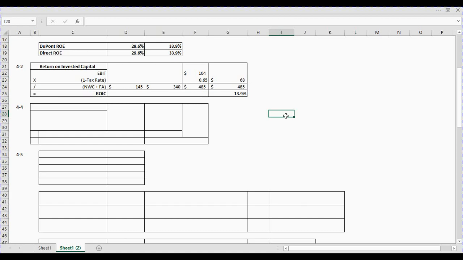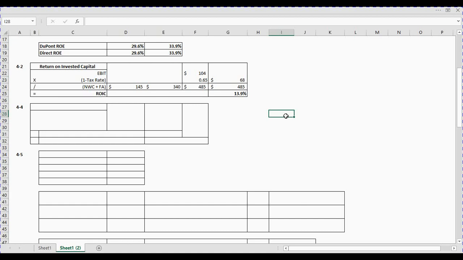So we're adding back interest, and we're adding back taxes, and that's what EBIT is. In a moment, we'll have EBITDA, where we also add back depreciation and amortization. Some people say EBITDA, I say EBITDA, some people say EBITDA.